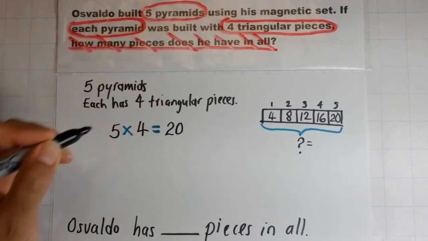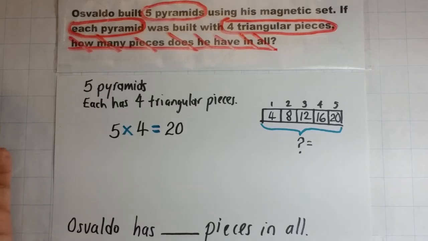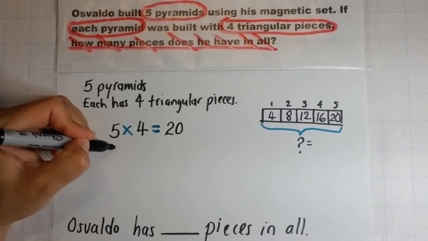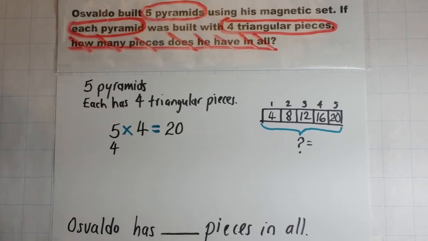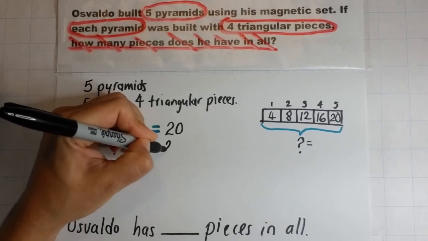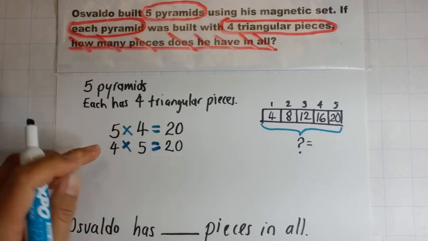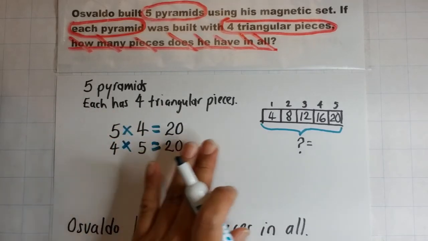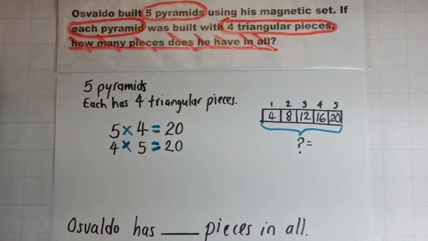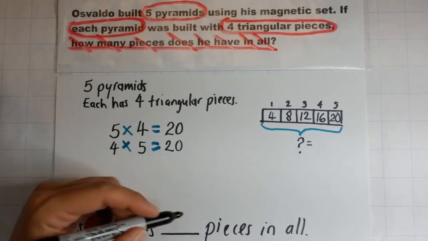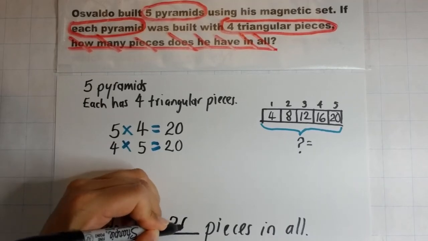Now usually I like to just make sure I did a good job by using my fact family, which is the same. 4 times 5 is going to equal 20. Now in this way, I represented my problem in 3 different ways.